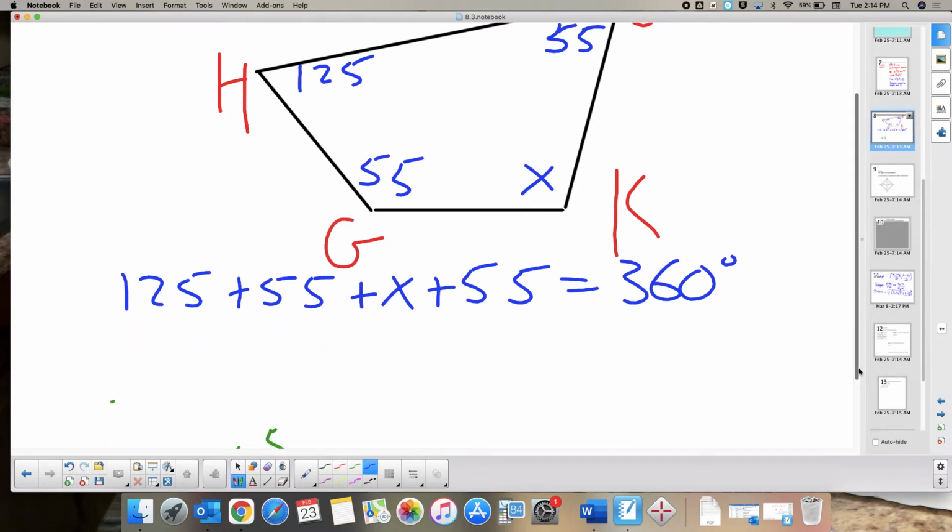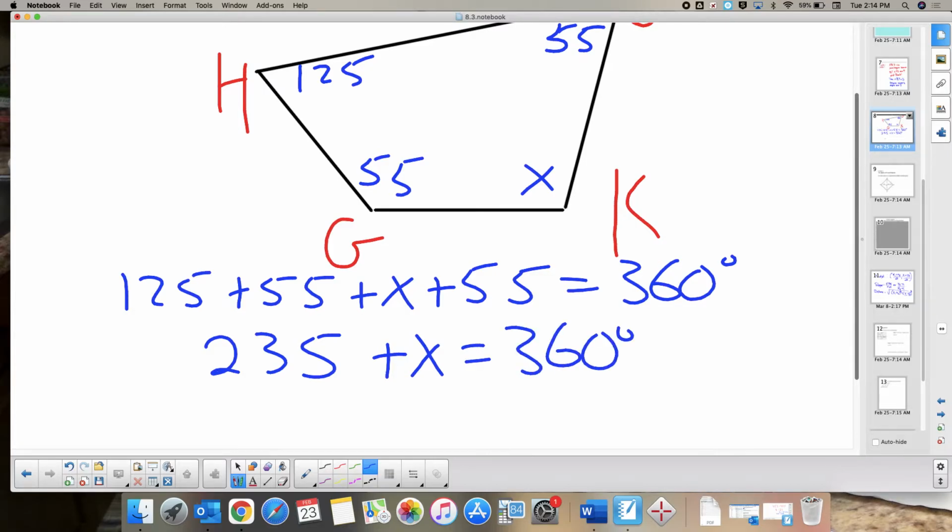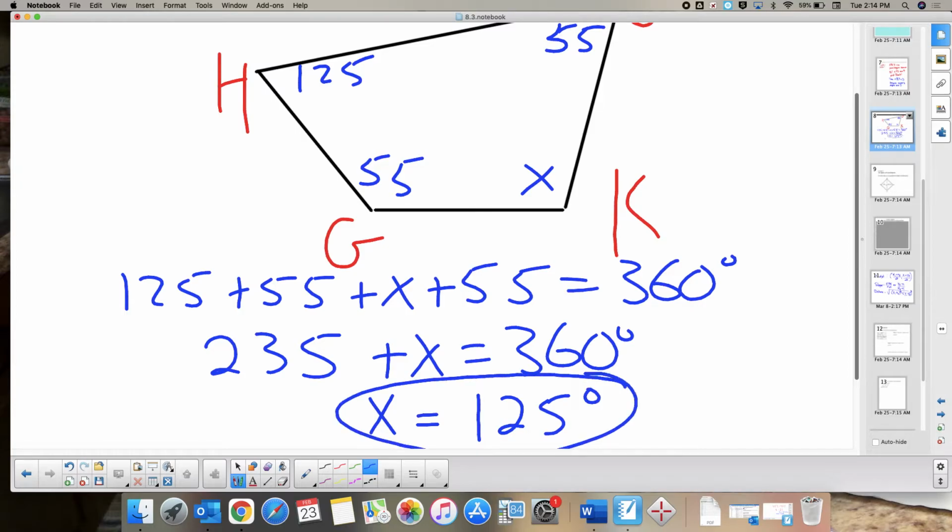When I add 125, 55, and 55, we get 235 plus x equals 360 degrees. When I subtract it over, I actually do get the 125 degrees for angle K. So this actually would be a parallelogram then, because both sets of opposite angles are congruent.